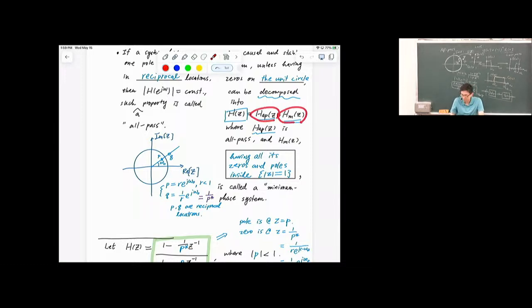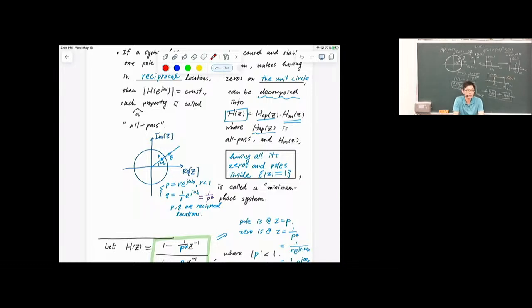Where all pass has a positive group delay, and minimum phase has a property that this part has the shortest group delay for every frequency among all possible filters which share the same magnitude response. Okay, it's a long story, but some people find a practical usefulness, find this decomposition useful for certain design.